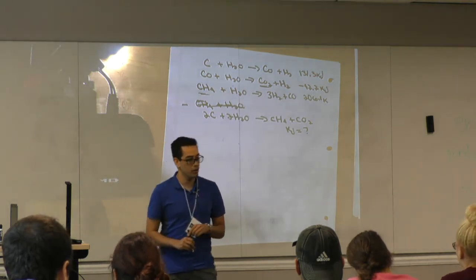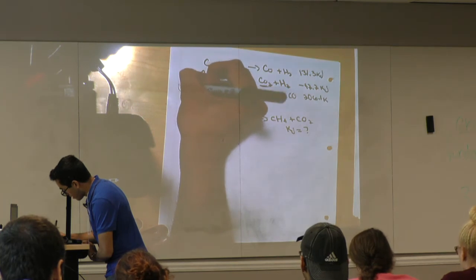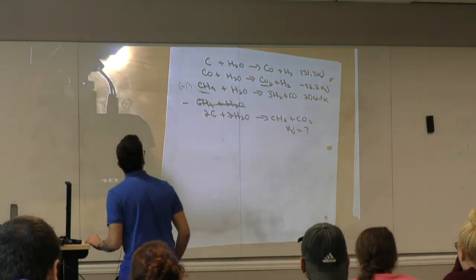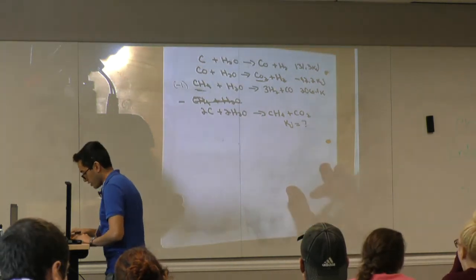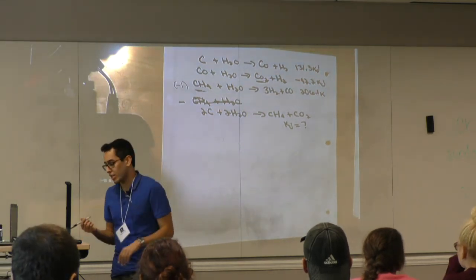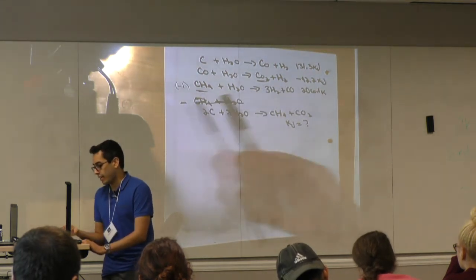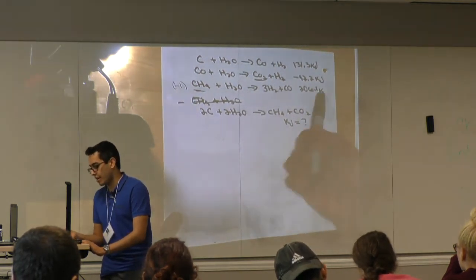So what we can do is multiply this by -1, and that flips the reaction. But what you do to the reaction, you also have to do to the energy. So if we multiply this reaction by -1 to flip it, we also multiply the energy by -1.